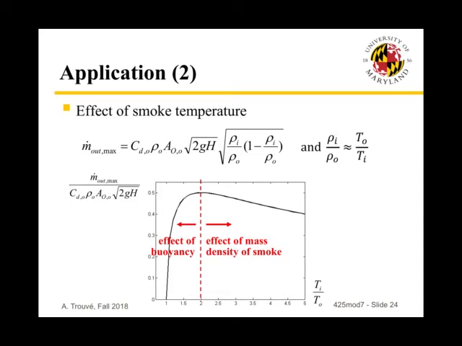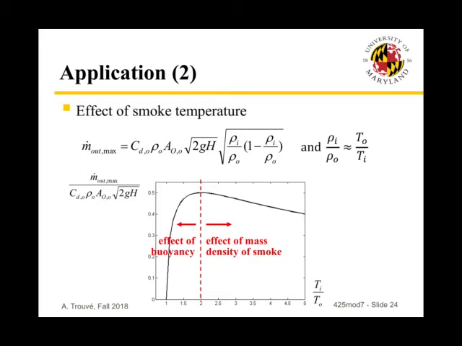If I plot m dot out max on the y-axis as a function of Ti over To on the x-axis, I find a curve that first goes up, reaches a maximum for a value of Ti about twice the value of To, and then finally decreases. It's an interesting curve because the fact that the curve goes up, the fact that the mass flow rate of smoke through the ceiling vent goes up if the smoke is hotter, makes perfect sense.